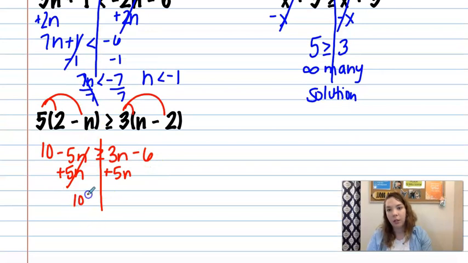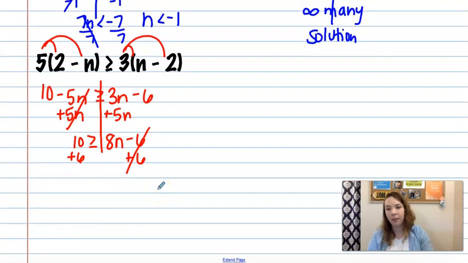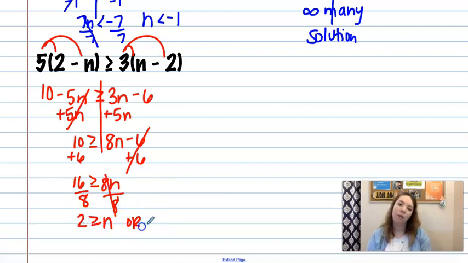So you get 10 is greater than or equal to 8n minus 6. And then you'll add 6 to both sides. 16. And then divide by 8 on both sides. You get 2 is greater than or equal to n. Or if you prefer your n on the left, you can flip it around.